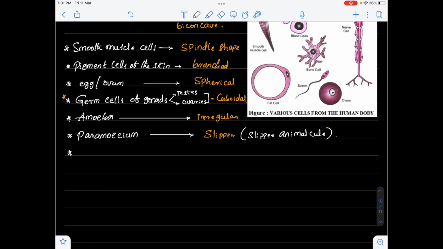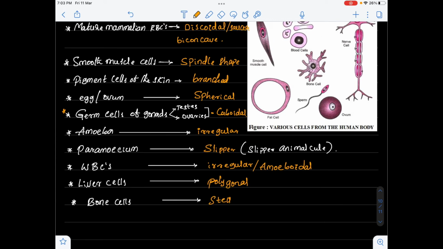And if we see some other cells in our body like white blood cells, they appear in irregular. So white blood cells do not have definite shape. Like amoeba, white blood cells can also change their shape. Hence, you can say that white blood cells are in amoeboidal shape. Liver cells appear in polygonal shape. Bone cells appear in stellate, look like a star over here.